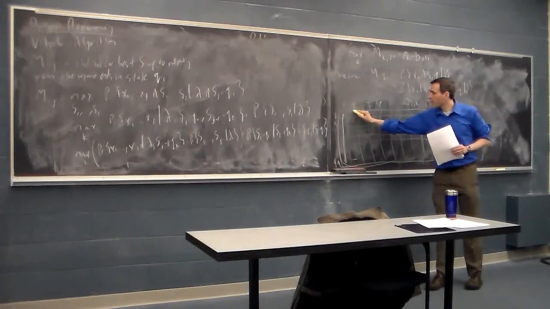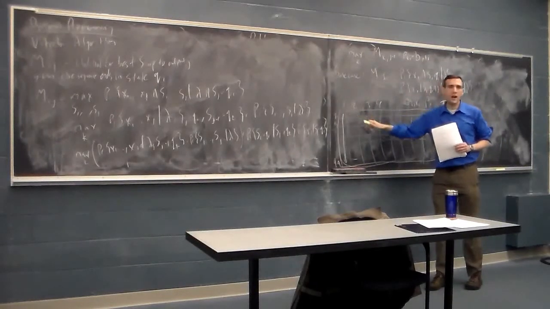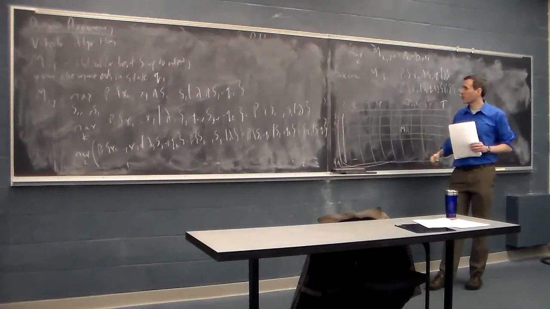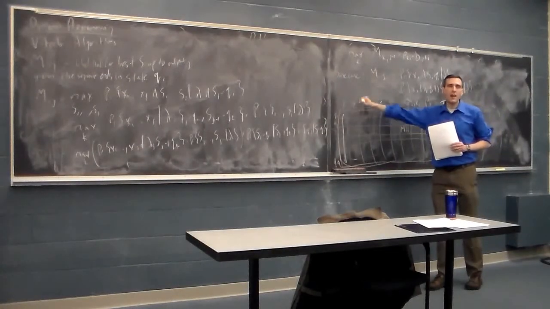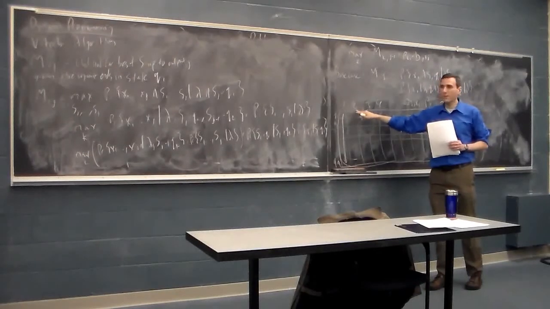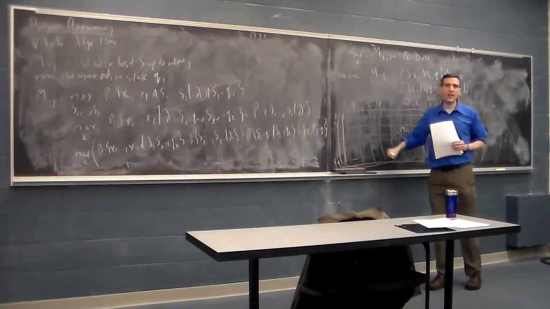So we could look at, for example, element 1, 2, M12, which is going to be the probability that we output the first 2 steps of the model, given that we end in state 1.